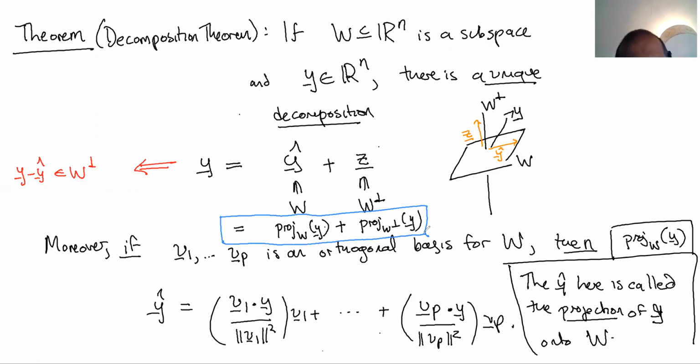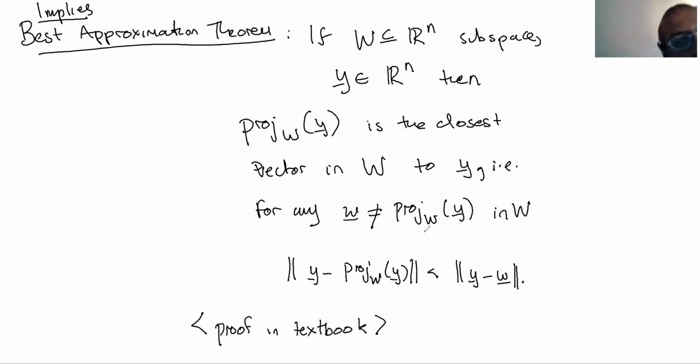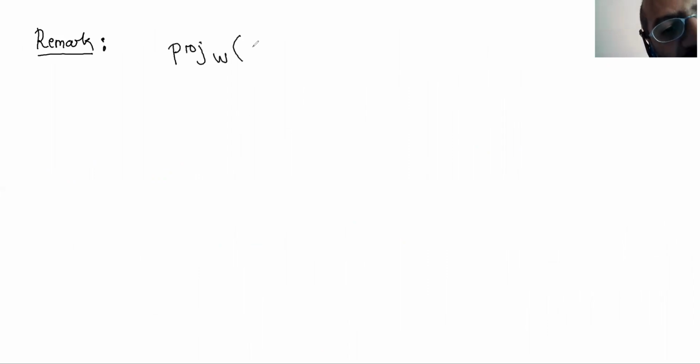And one important remark I want to make, that people often get confused about, is that you have this formula for the projection, but the actual projection doesn't depend on the basis you use in the formula.